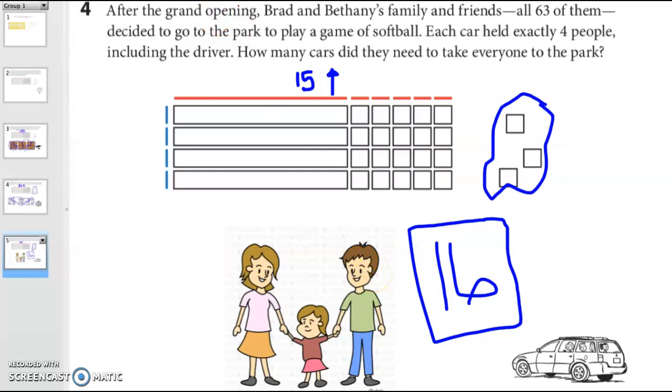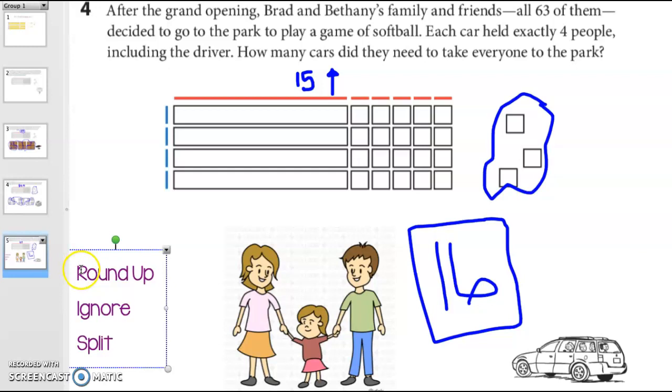All right. So whenever we're deciding what to do with remainders, we will always do one of 3 things depending on the situation. We will either round up, we will either ignore, or we will split.